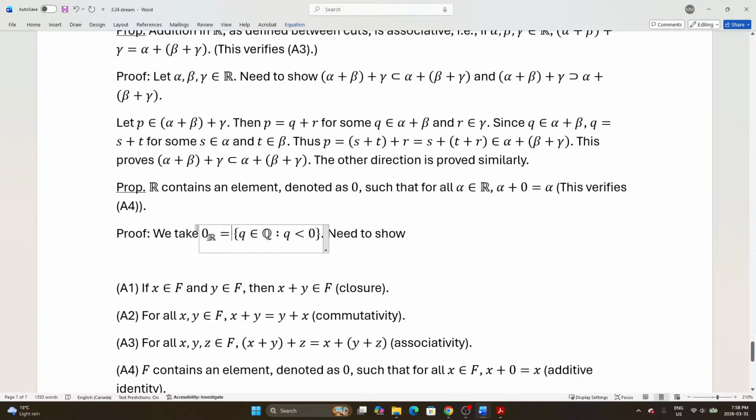For the moment, we take this as our 0, but eventually we will drop the subscript. After this is verified, we'll drop our subscript, and it should be clear from context which 0 we're talking about.